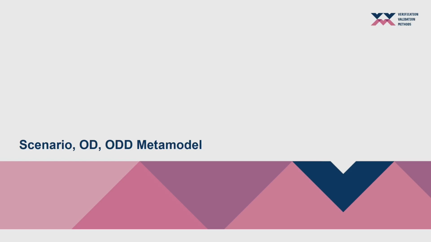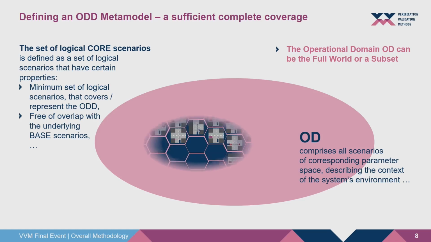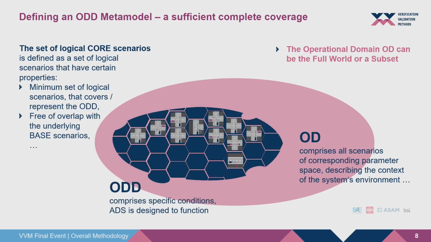So, how do we realize it? So the first thing is, how do we get a model of our operation design domain? So the idea is now taking up the idea of Pegasus with logical scenarios. The logical scenarios use the 6-layer model. Layer 4 models the behavior of the dynamic objects in a concrete scenario.